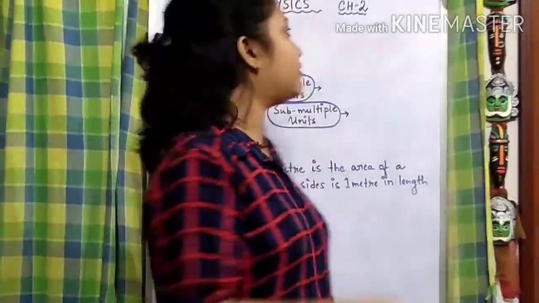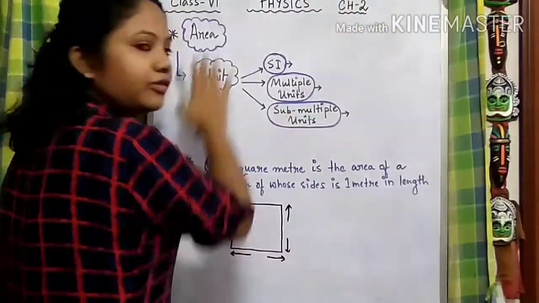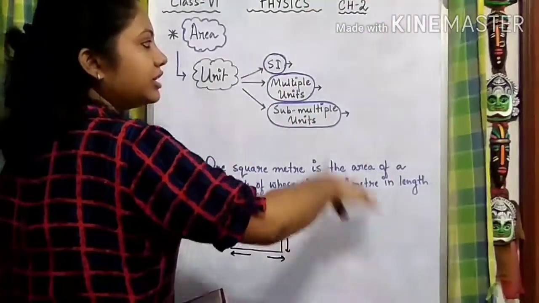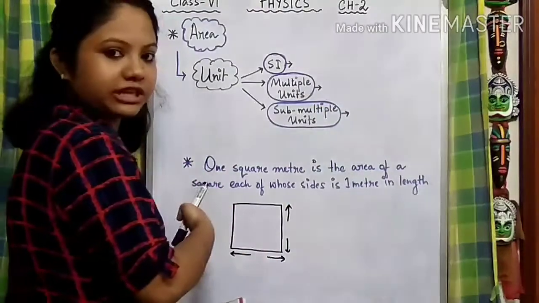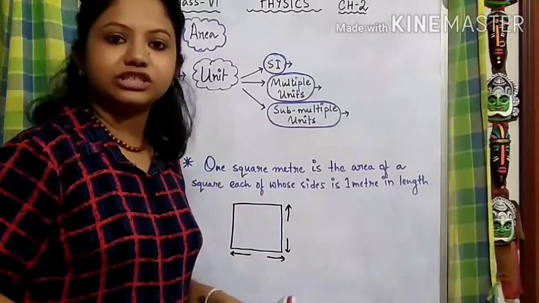Now when we are talking about the area of this book or area of this whiteboard, how do we say the surface that is covered in this object, right? So how can we express this as a definition?